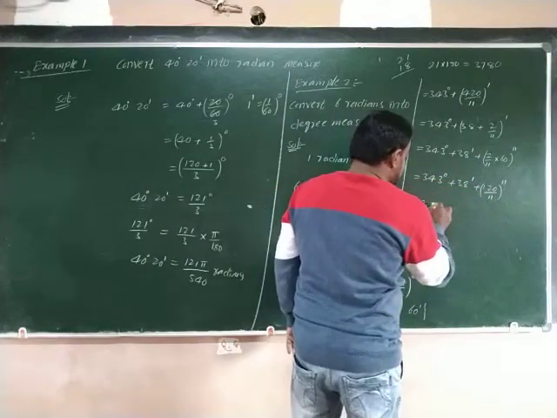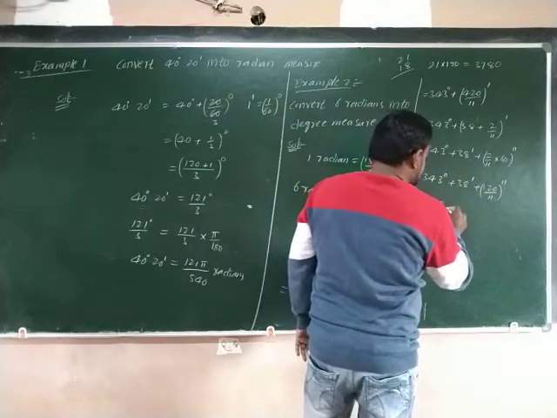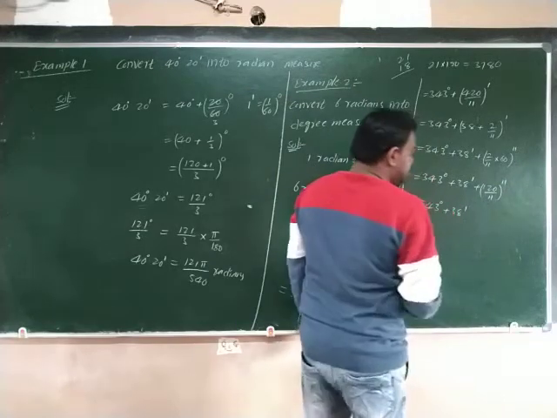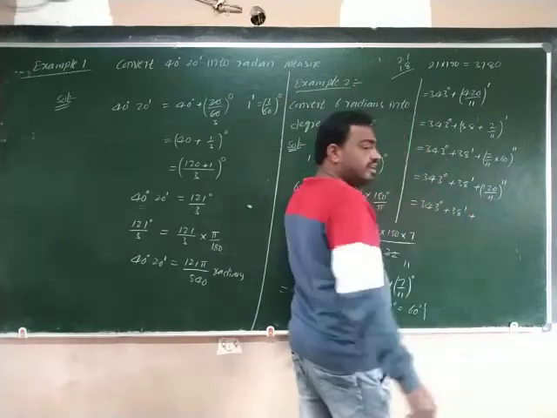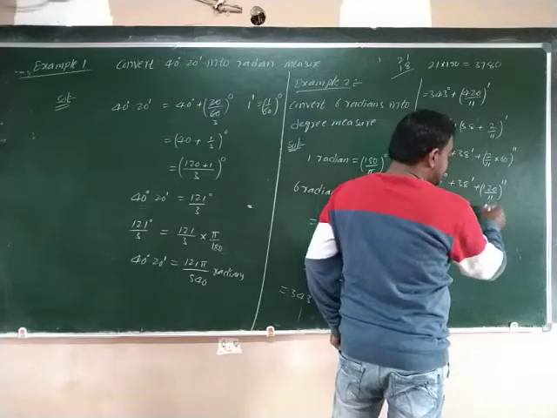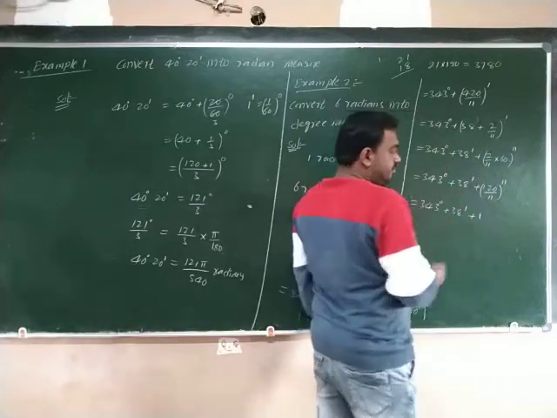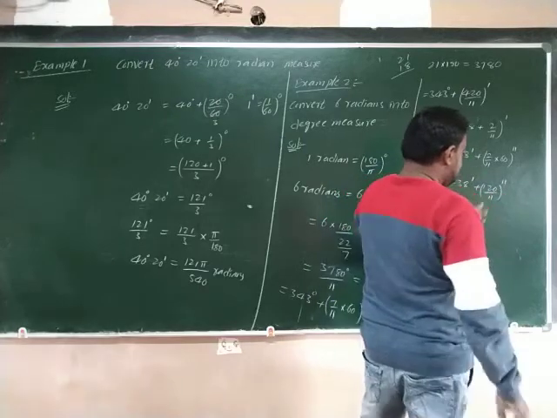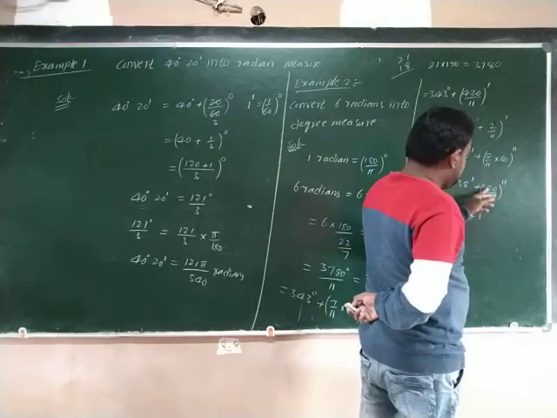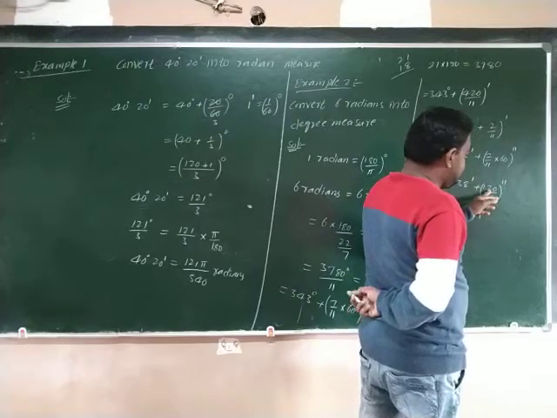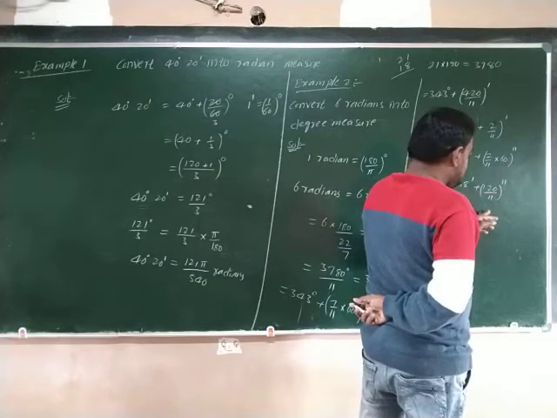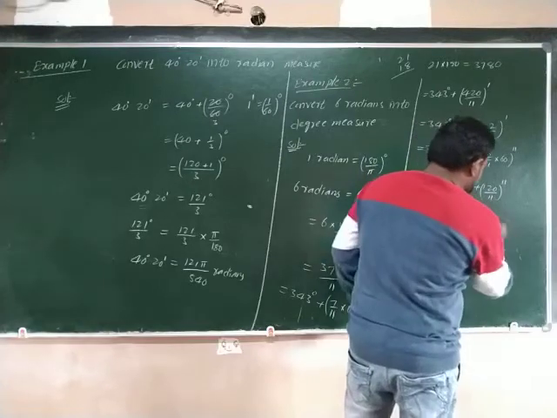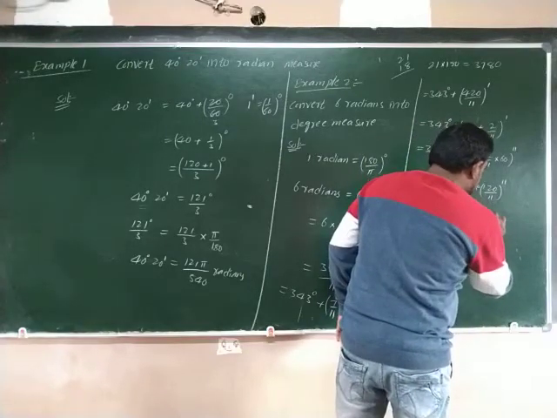Dividing again by 11: 11 ones are 11, and the remainder is 10 point something.